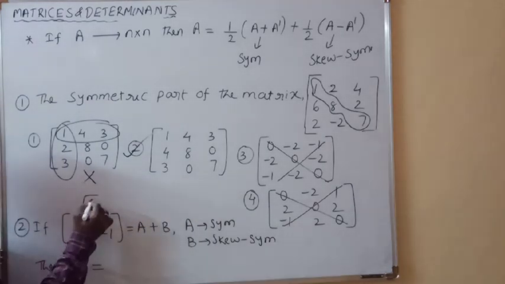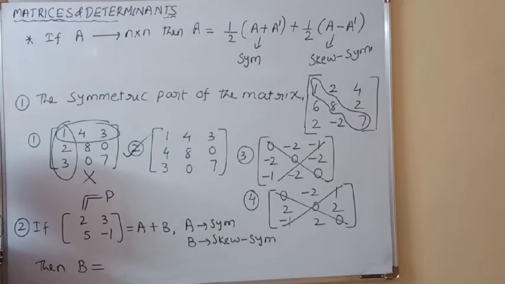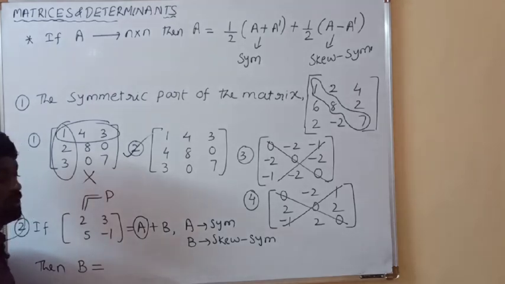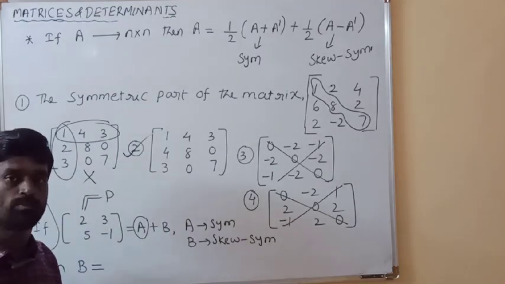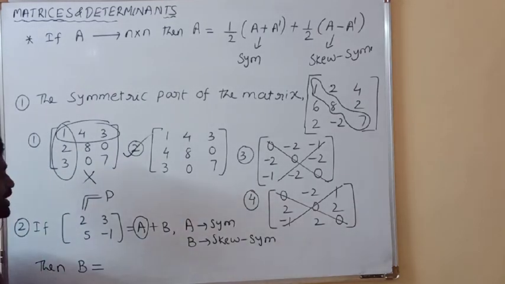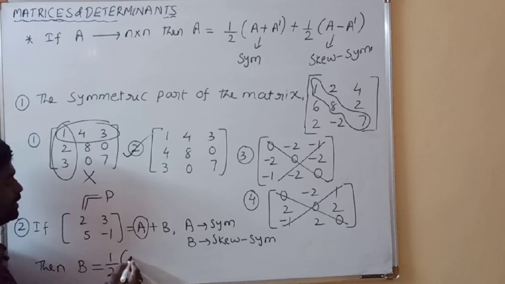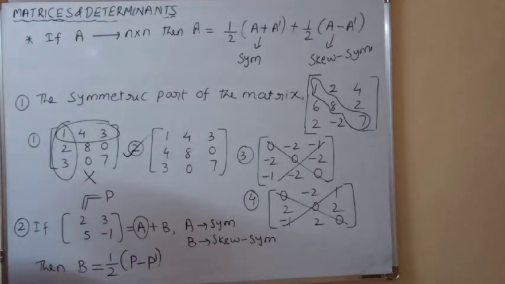Suppose the given matrix is capital P. Then capital A, the symmetric part, is half into P plus P dash, and capital B is half into P minus P dash. So what you have to calculate is half into the given matrix minus its transpose.